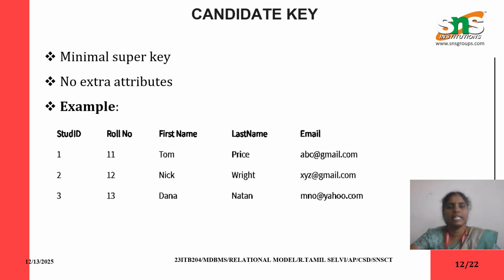Next one, candidate key. A candidate key is a minimal super key. It contains only the necessary attributes. Consider this example. In this table, we have the columns student ID, roll number, first name, last name, and email with 3 rows of data. In the given table, student ID, roll number, and email are the candidate keys, which help us to uniquely identify the student record from the table.